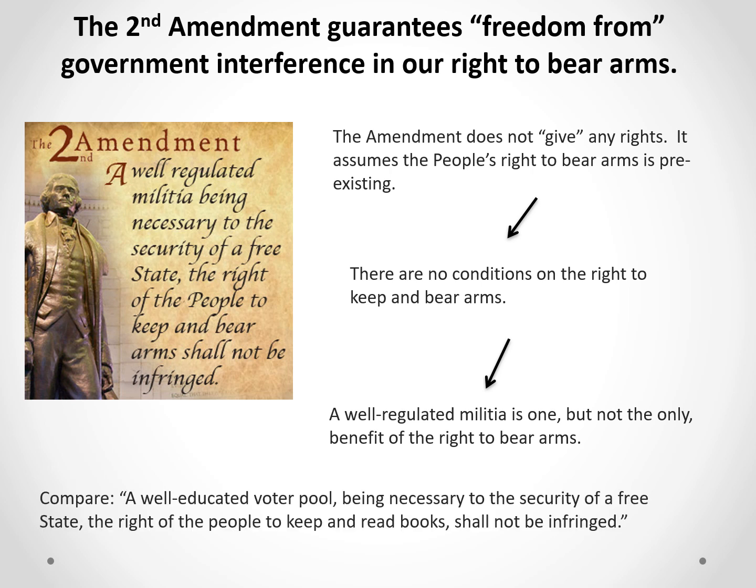Here's an imaginary Second Amendment where the right to keep and read books is the right that's being protected. And this is exactly the same grammatical structure. It says, a well-educated voter pool being necessary to the security of a free state, the right of the people to keep and read books shall not be infringed.